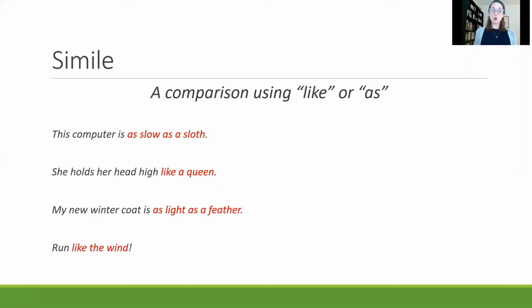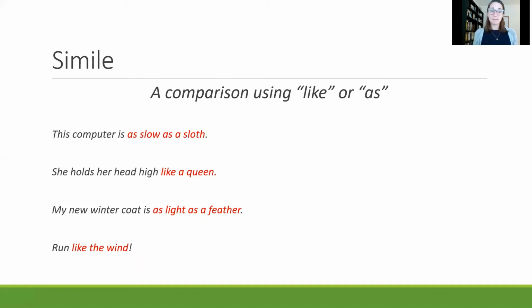Similarly, I could say she holds her head high like a queen. Well, you can imagine the pride and the way that a queen might carry herself in a public situation. And so if another person who is not a queen is holding her head high like a queen, we can imagine maybe what that looks like and feels like for that person.